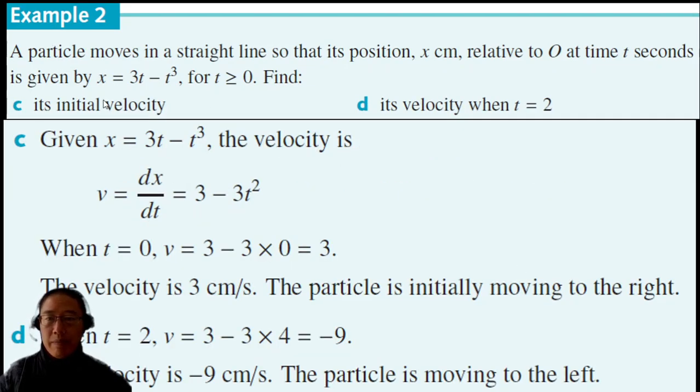Initial velocity and the velocity at a certain value. As your displacement is a function of time, you will simply differentiate. You end up with this quadratic rule. You substitute the values to find the initial velocity. Notice, pay attention to the units.